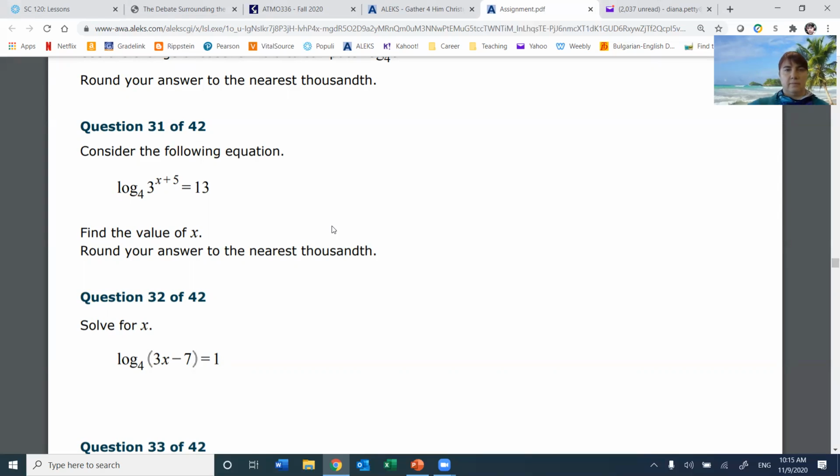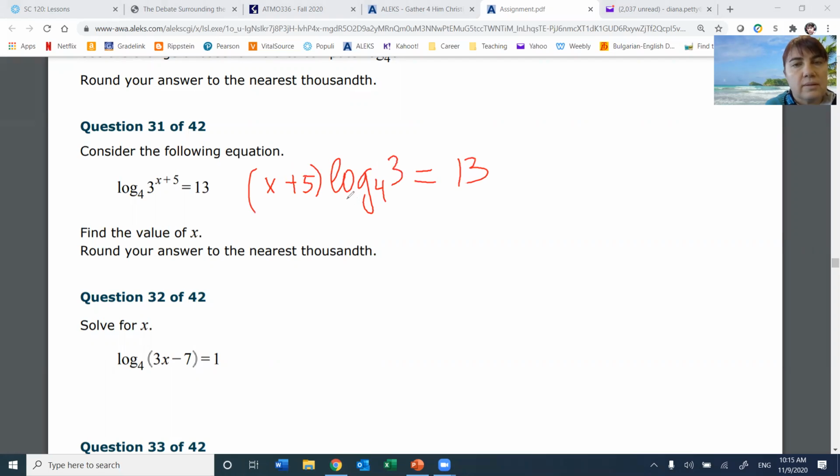And then the positive 5 over, making negative 5, and then separate. That's correct. So do we have the calculator? So we're dividing by this.